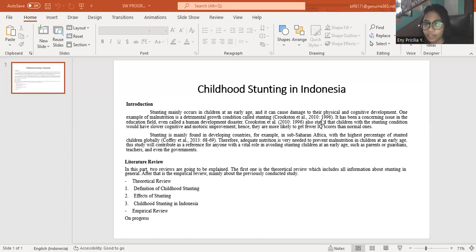After that, I explained that it has been a concerning issue in the education field, and then the condition of stunted children. I go deeper by stating that stunting is mainly found in developing countries, for example, in sub-Saharan Africa and including in Indonesia.